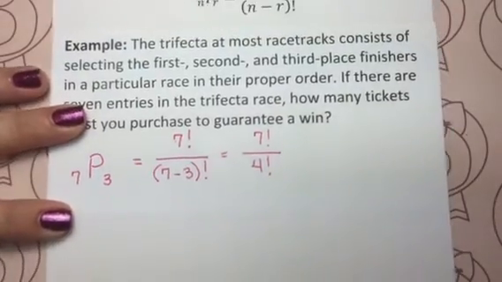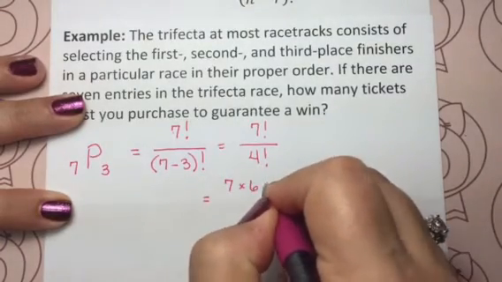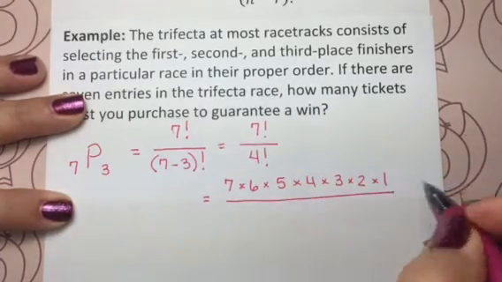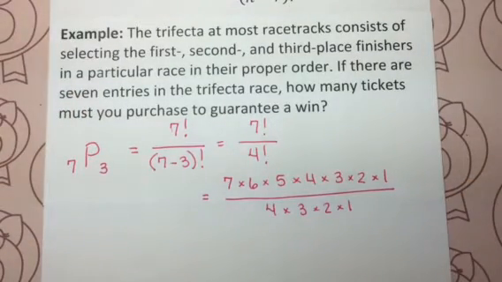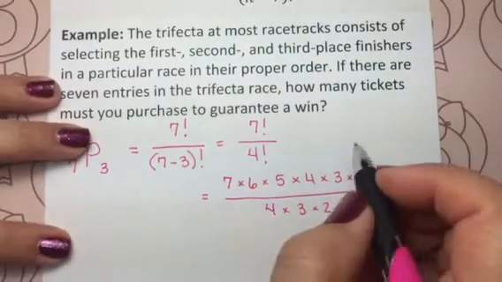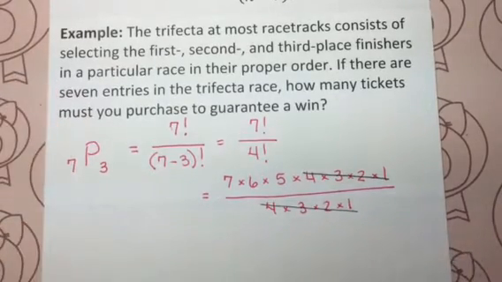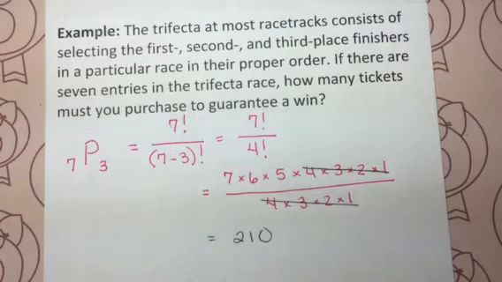So 7 factorial divided by 4 factorial. 7 factorial is 7 times 6 times 5 times 4 times 3 times 2 times 1. 4 factorial is 4 times 3 times 2 times 1. I notice there's some canceling going on here. 4 times 3 times 2 times 1 divided by 4 times 3 times 2 times 1 is 1. So all I'm left with is 7 times 6 times 5, which is 210. So that's if you have to do this by hand.